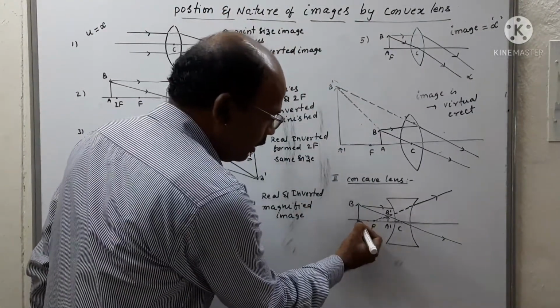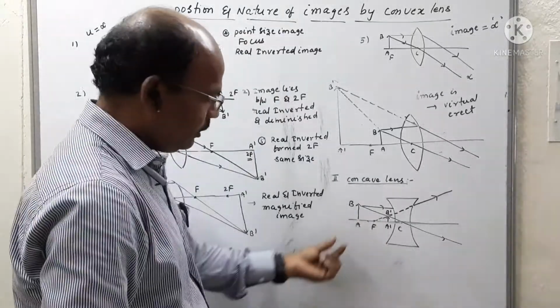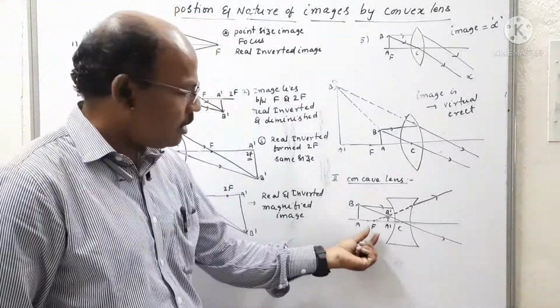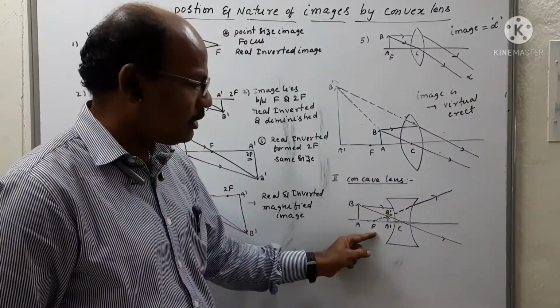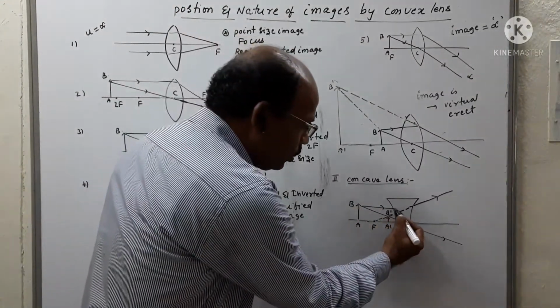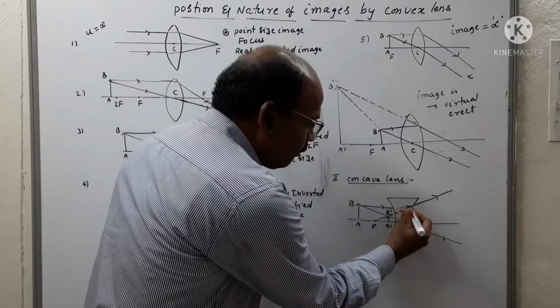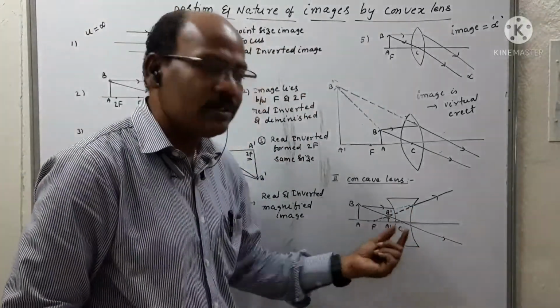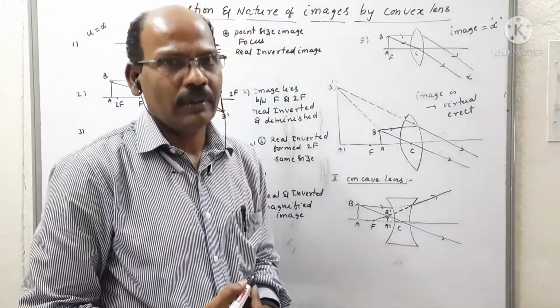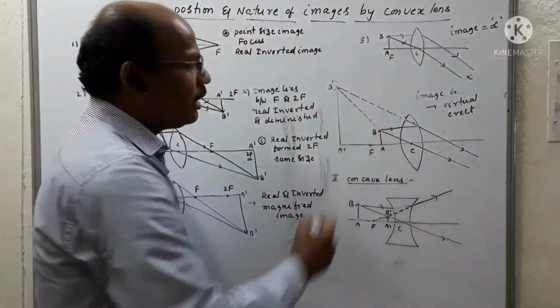Here we are observing that AB is an object which is kept beyond the principal focus. Again, a ray parallel to the principal axis is passing through the principal focus after refraction. The concave lens is called diverging lens. The convex lens is called converging lens.